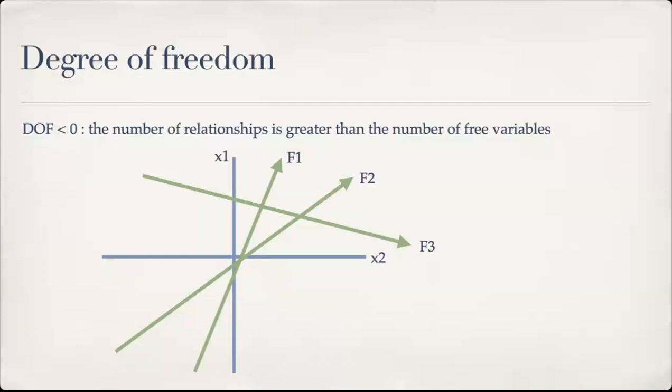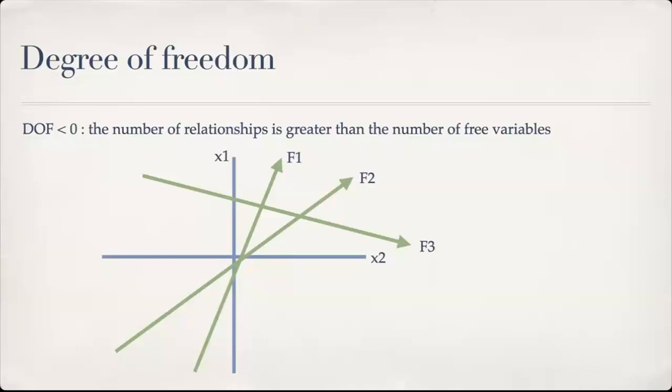What does it mean? f1 defines the relationship between x1 and x2. So what is the degree of freedom we have now? Only one. We start from a blank domain of x1 and x2, where you can freely choose any point, defined by 2 variables.